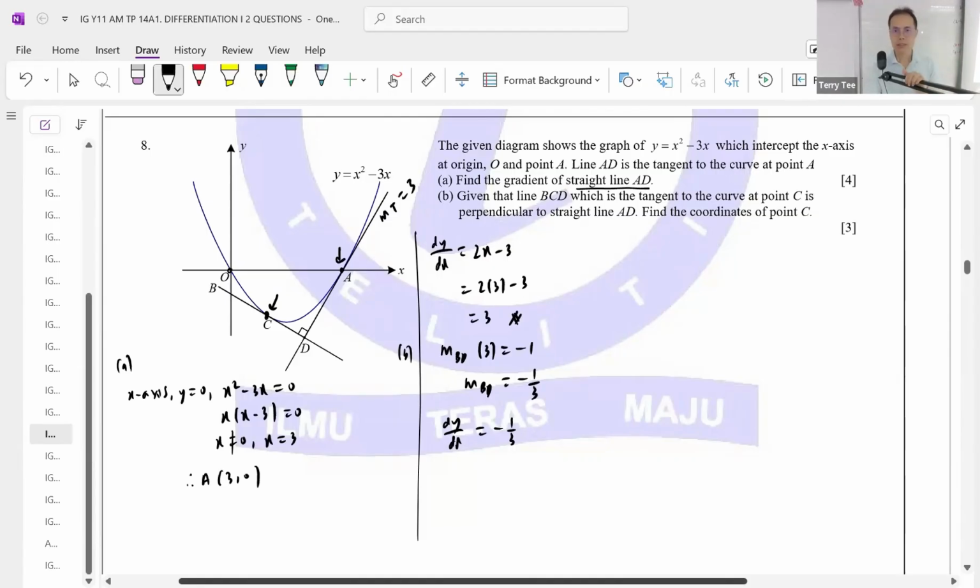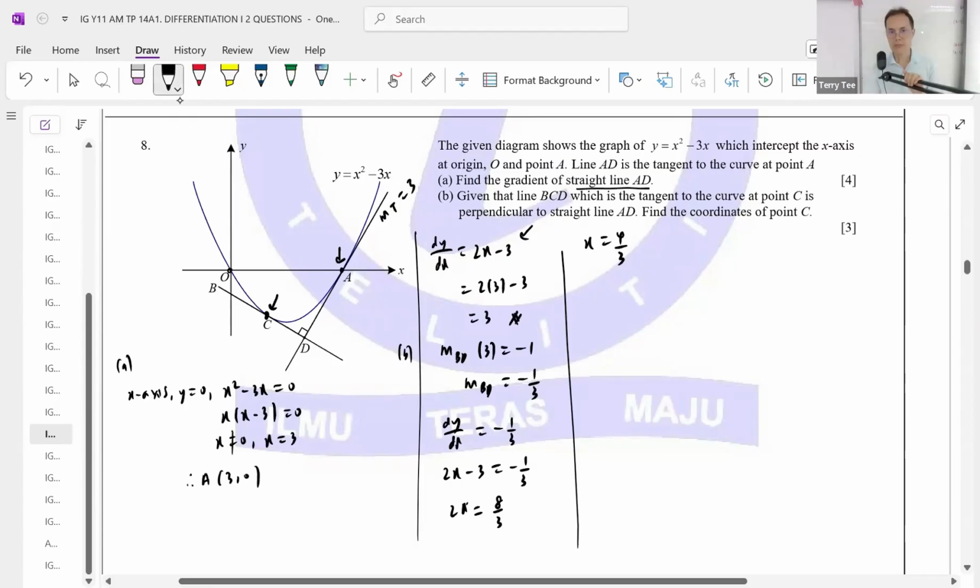So you take the gradient function here, let it be -1/3, bring it over, and this should be 8/3. 3 times 3 is 9, 9 minus 1, 8/3. You divide by 2, and my x is now 4/3.